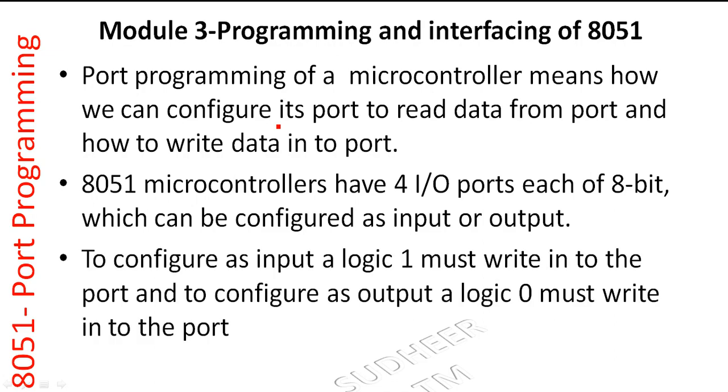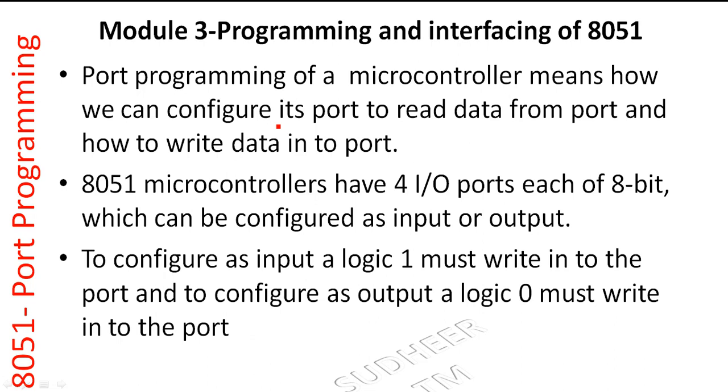To configure as input, logic 1 must be written into the port. Before reading data from the input port, the port must be written with logic 1. That is required by the structure of some ports, not all ports. So to configure the port as input, we must write logic 1, or FF, to the corresponding port.